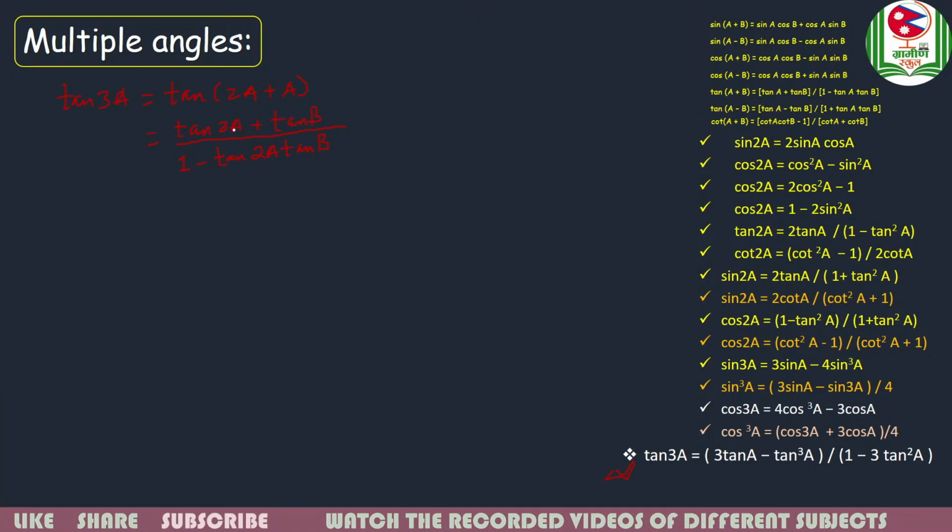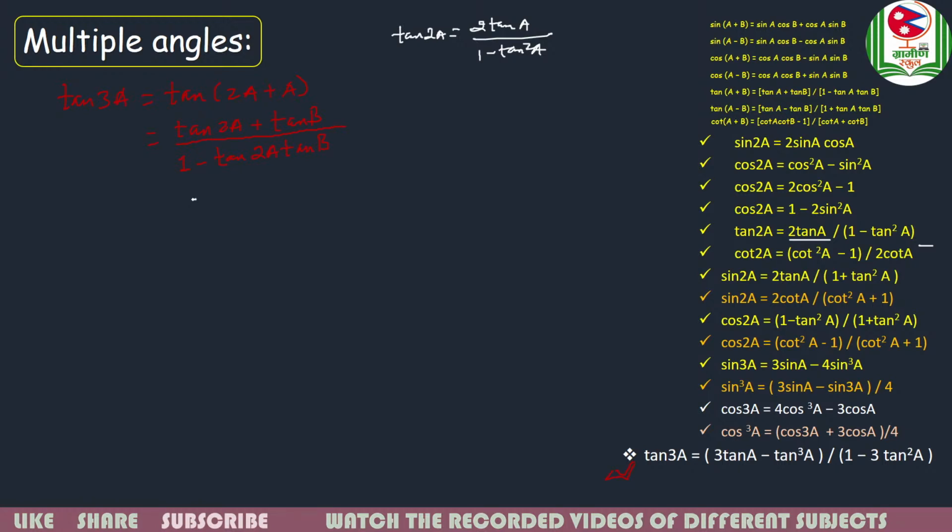Now what we will do, we will express this tan 2a in the form of tan a. So what is tan 2a? We know tan 2a equals 2 tan a divided by 1 minus tan square a. So we will write tan 2a equals 2 tan a upon 1 minus tan square a. So replace each tan 2a by 2 tan a upon 1 minus tan square a.